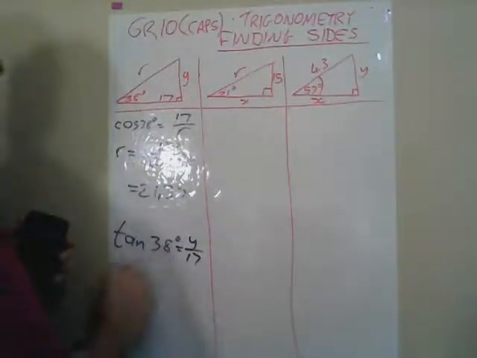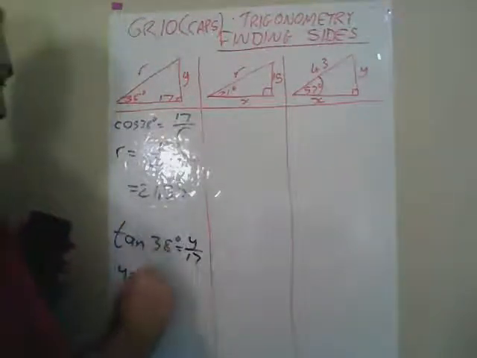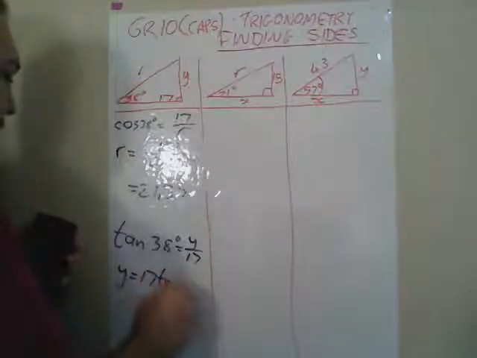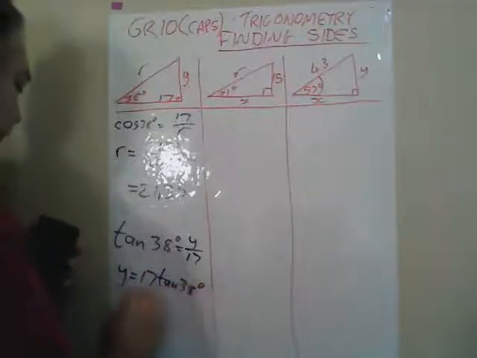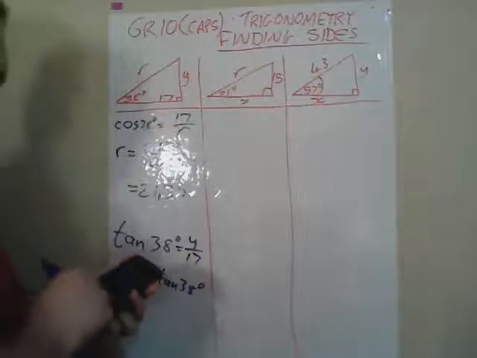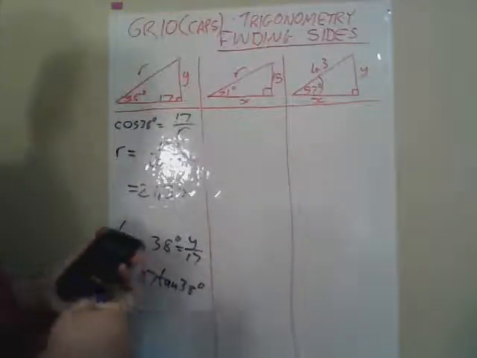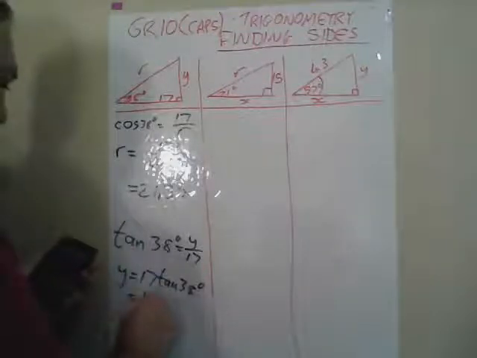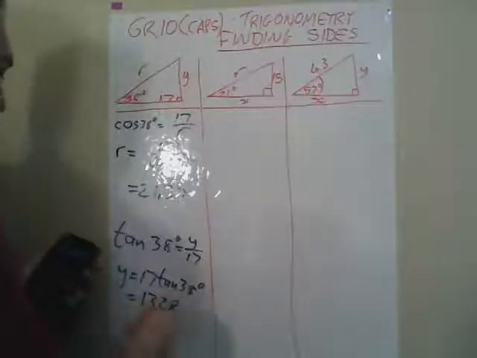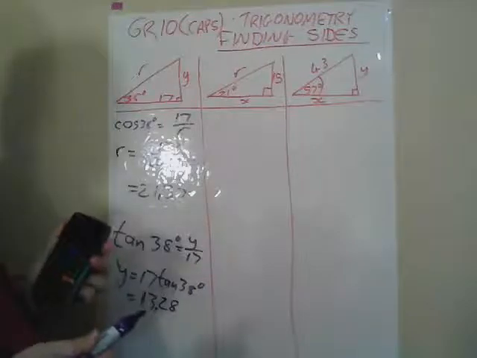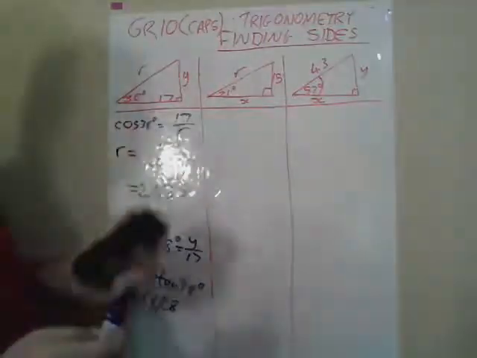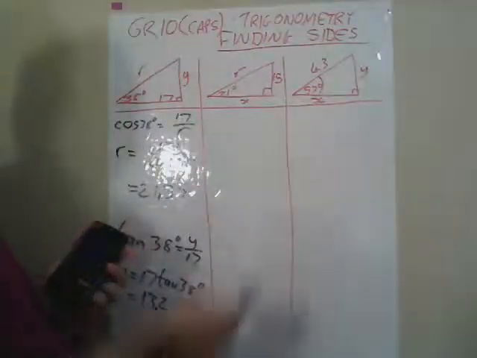So that means y will be equal to 17 tan 38 degrees, and 17 tan 38 is 13,28.